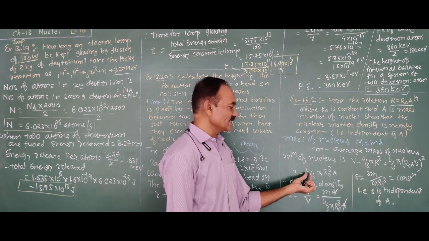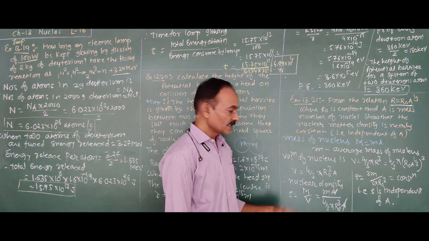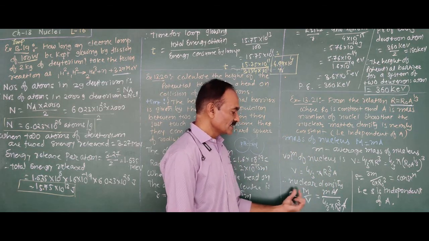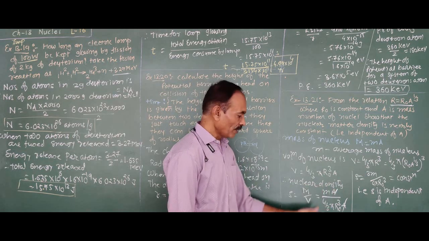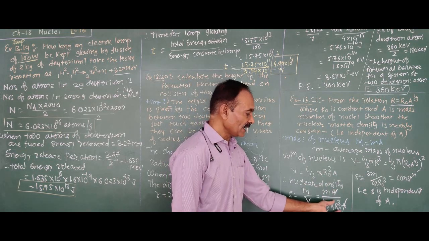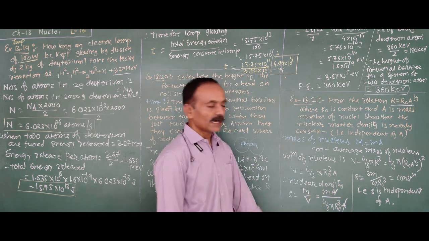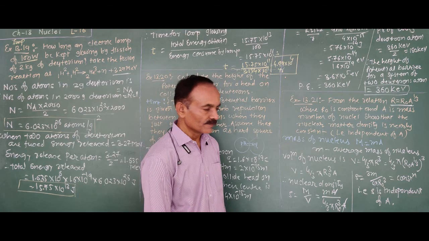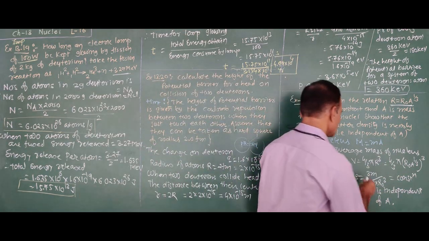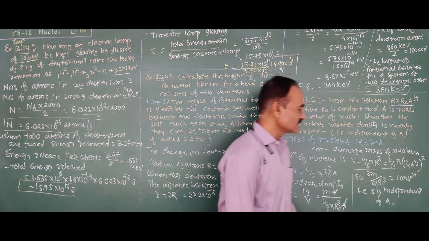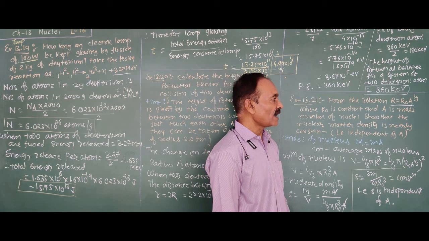Therefore, we obtain V equal to 4 by 3 pi R0 cube into A. Therefore, the nuclear density rho is equal to mass upon volume, which is m into A upon 4 by 3 pi R0 cube into A. A cancels. Therefore, 3m upon 4 pi R0 cube. So here all quantities are constant. Therefore, nuclear density is constant. That is independent of the atomic mass number.